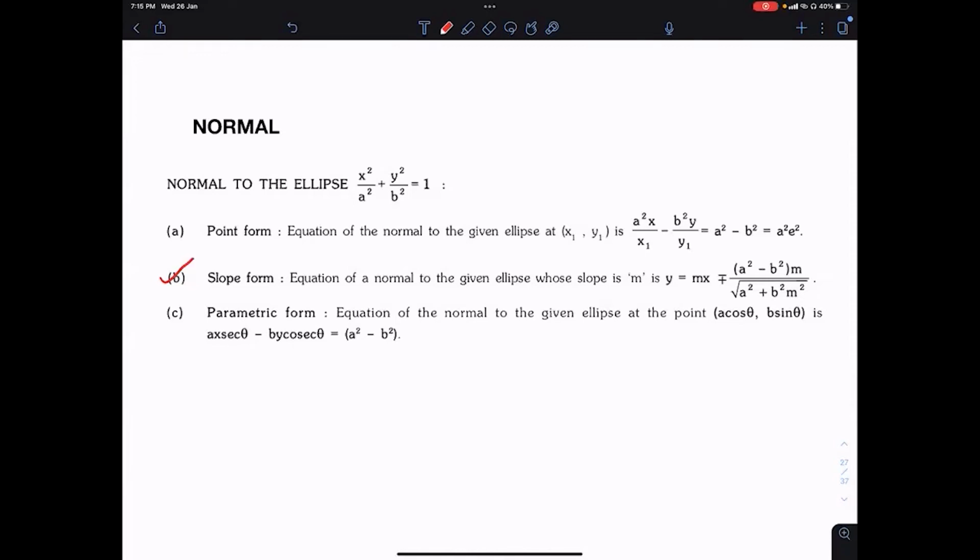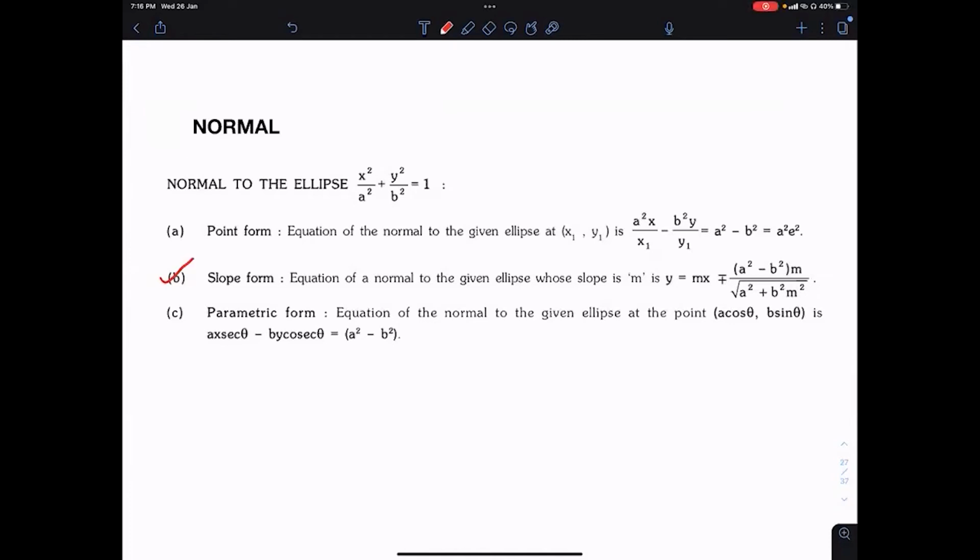Now this is the equation of normal to any ellipse. The ellipse equation is given like that, x square by a square. Okay, just take a screenshot. I think it should be okay, because there is one previous Mains question exactly and directly based on this formula.